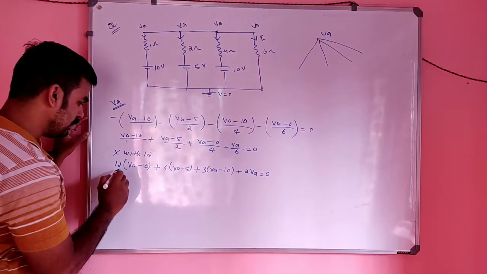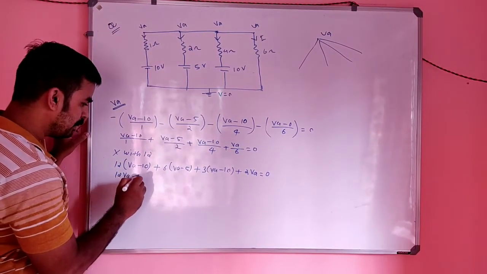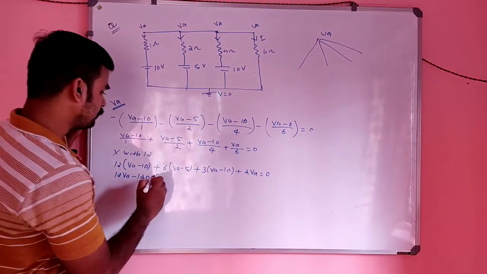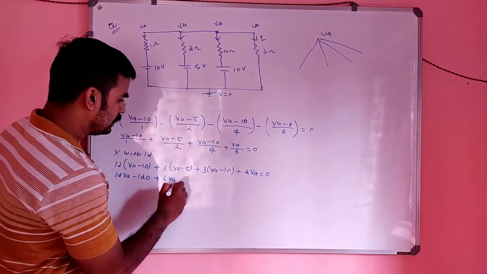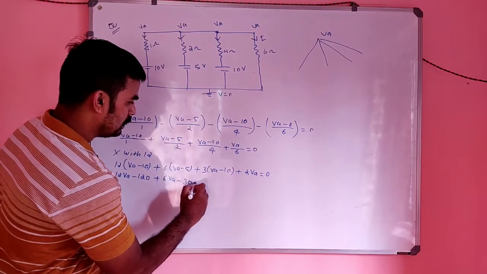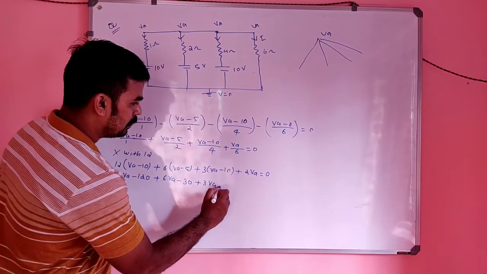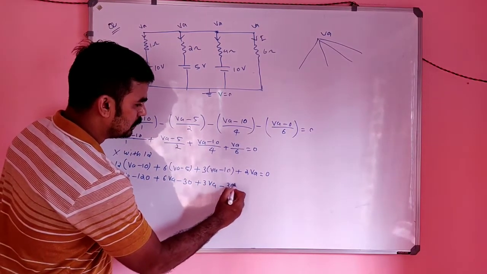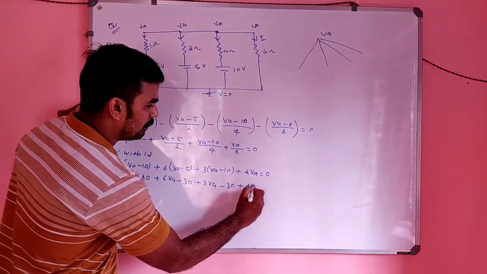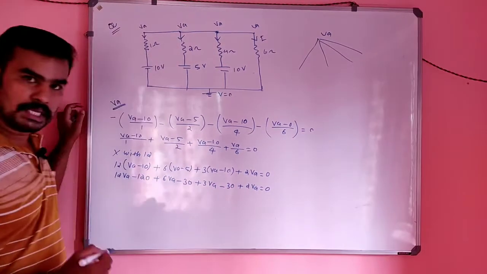So I have to rearrange this. It will become 12 VA minus 120 plus 6 VA minus 30 plus 3 VA minus 30 plus 2 VA equal to 0.